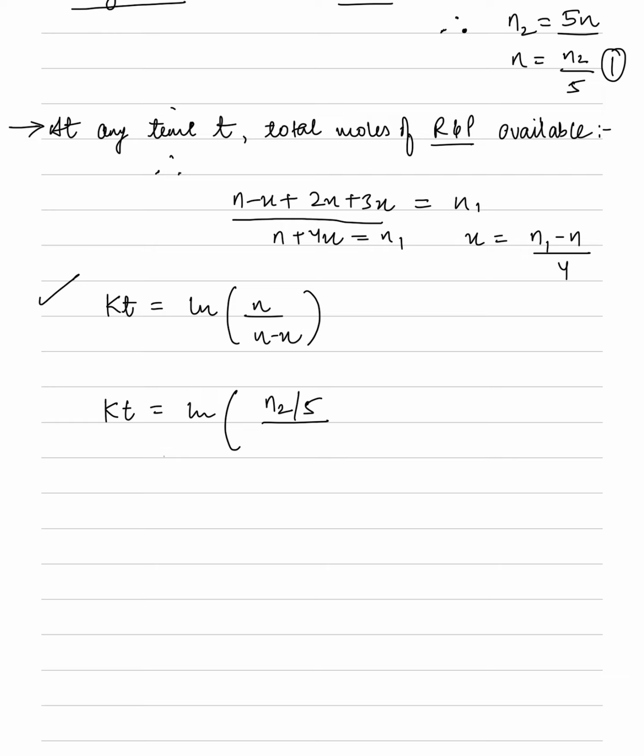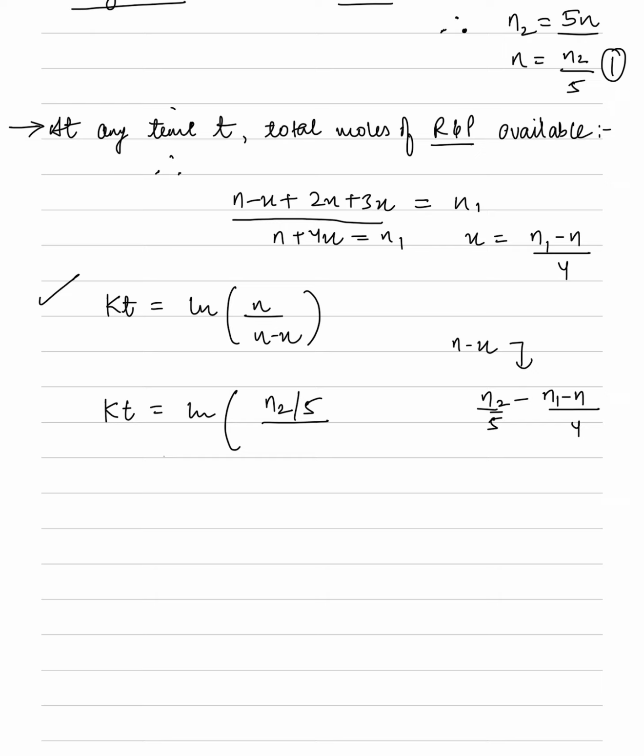Okay, let's do one thing. We can easily substitute the value of n. Let's say we find n minus x here. n is N2 by 5 minus x. x is (N1 minus n) by 4. Now again we have to put the value of n here also.